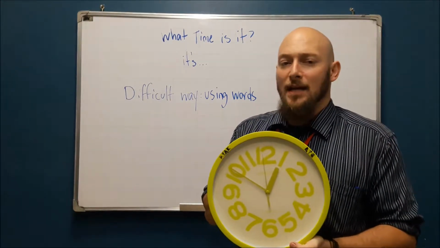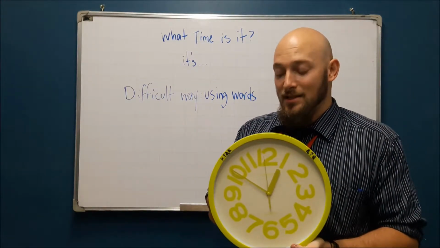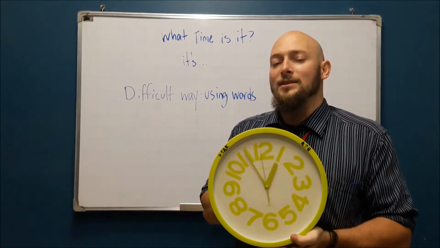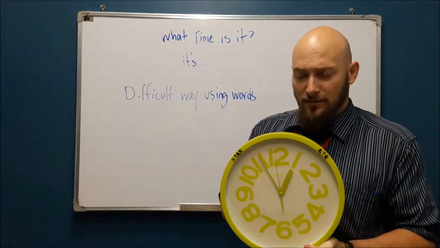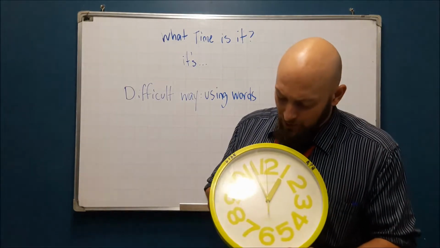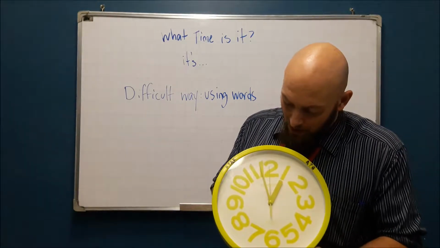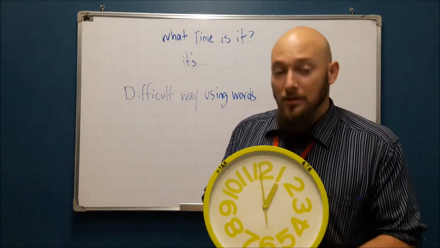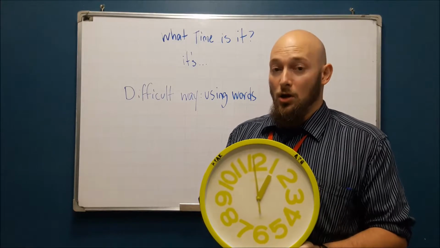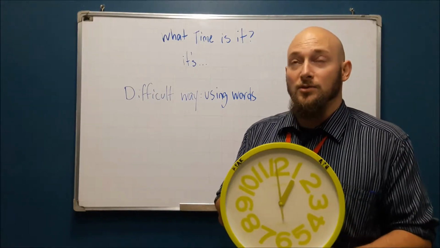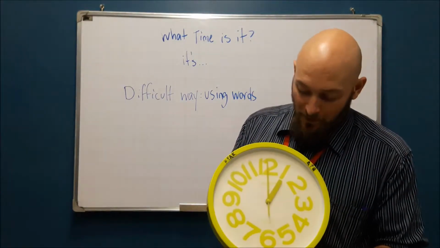Difficult way, 10 to 1. Okay. Over here, easy way, 12:55. Difficult way, 5 to 1. And back at the top of the hour, we have 1 o'clock. No easy way, no difficult way, just 1 o'clock. Okay.